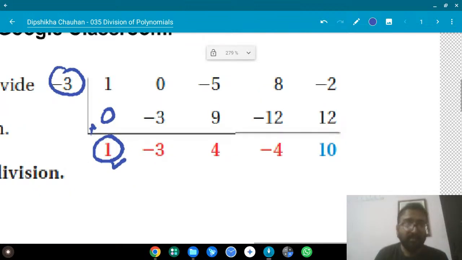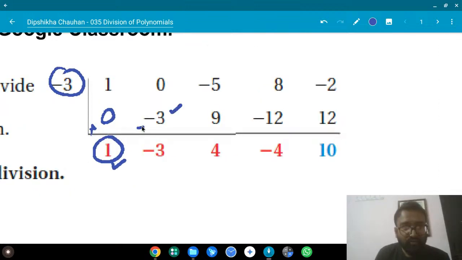So next, add these two. 0 plus minus 3 means 0 minus 3 is minus 3. Minus 3 times minus 3 is positive 9. Again, add it. 9 minus 5.